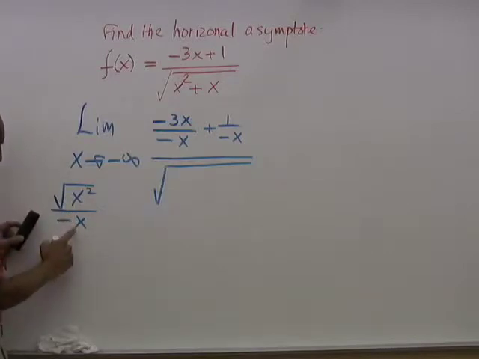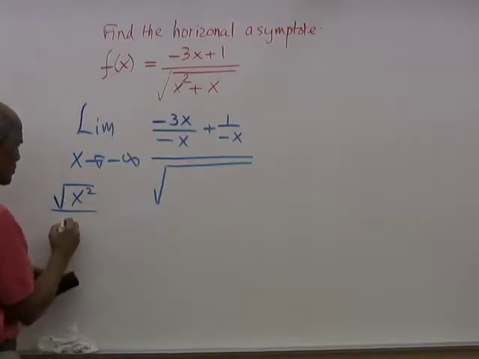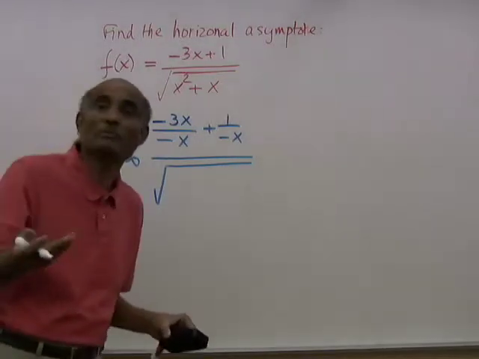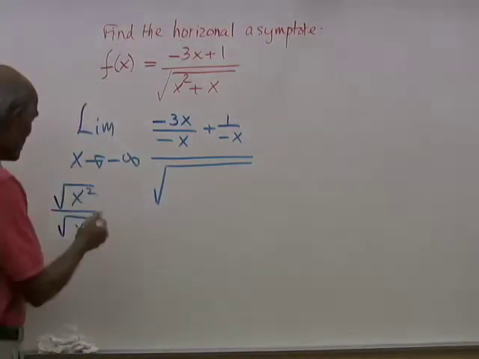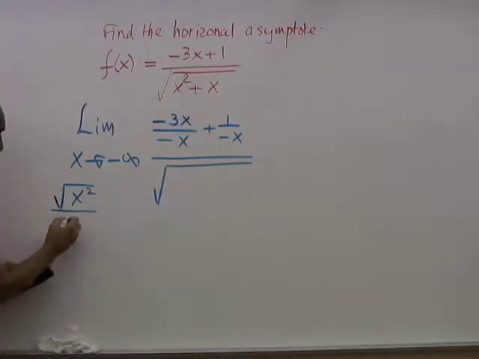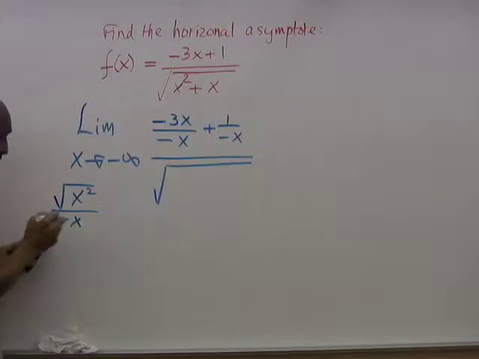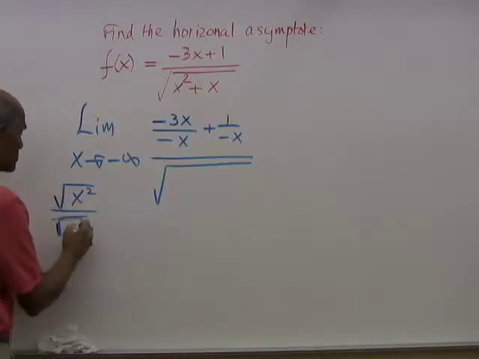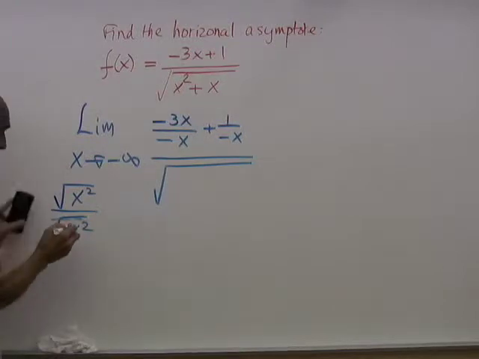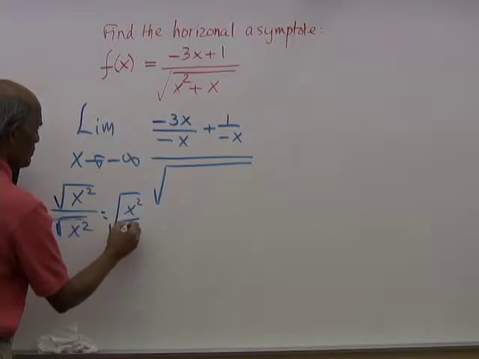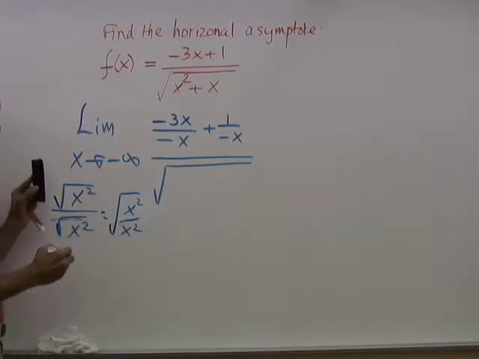You see, negative x can be written as square root of x squared, because negative x when squared becomes positive x squared. So square root of x squared divided by negative x is the same as square root of x squared divided by square root of x squared, or we can write this as square root of x squared divided by x squared.